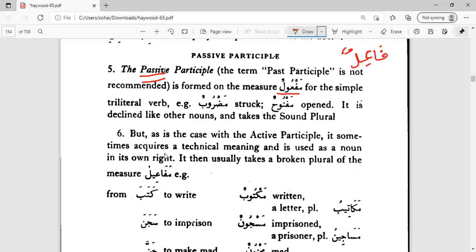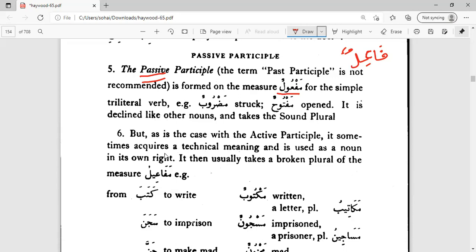For example, madrubun means struck. Daribun was striker. Madrubun means struck. It's not the doer, but rather the one upon whom the action is done. Madrubun, struck. Maftuhun, opened.